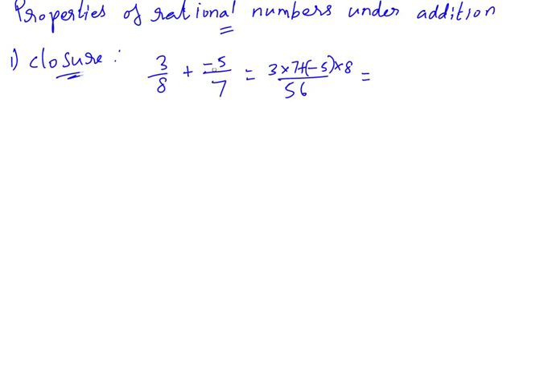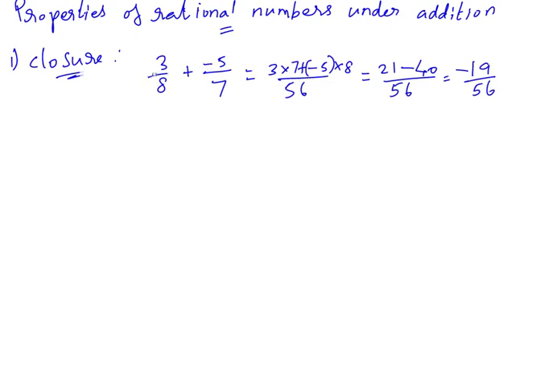Here we need to multiply by 7, here we need to multiply by 8. So 3 7s are 21, minus, plus into minus becomes minus, 5 8s are 40, divided by 56. It becomes 21 minus 40. The greater number's sign is minus, so minus 19 by 56. 19 and 56 do not have any common factor. So minus 19 by 56 is a rational number.